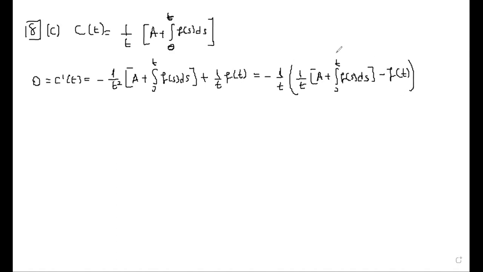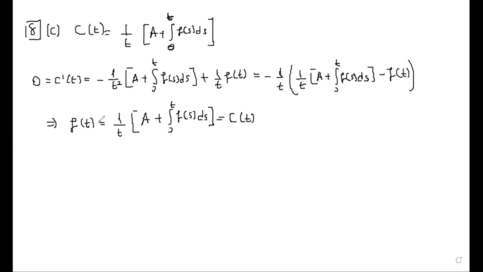So this product is equal to 0. 1 over t is never 0, so this parenthesis should be equal to 0. What does it give then? f of t is equal to 1 over t times A plus the integral of this ds. And you see this is equal to C of t.